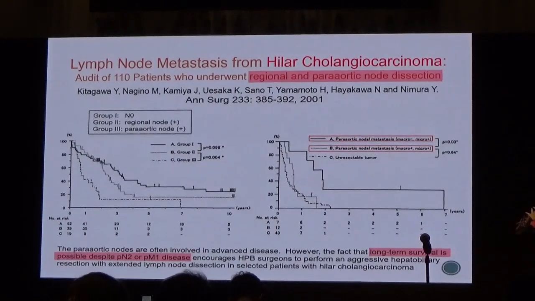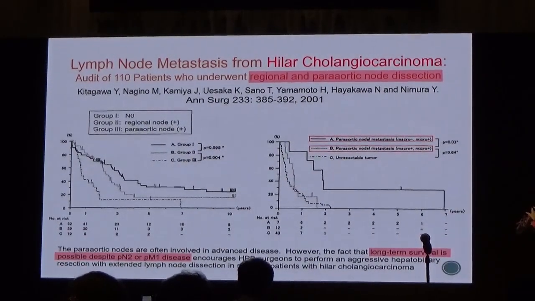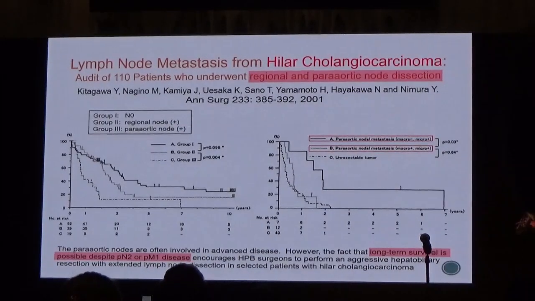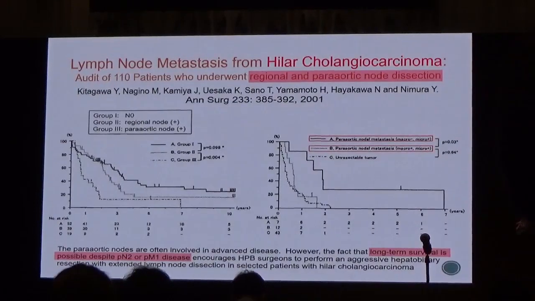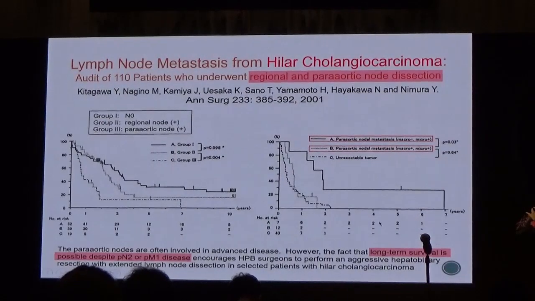This is a very old paper on lymph node metastasis from hilar cholangiocarcinoma. We had a retrospective analysis of clinical cases. Here you see a survival curve.